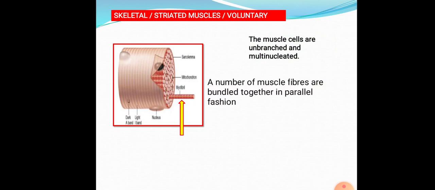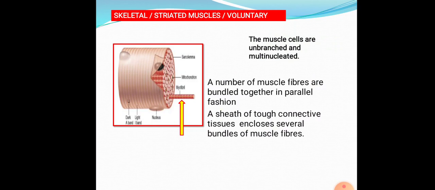A number of muscle fibers are bundled together in parallel fashion in this tissue. A sheet of tough connective tissue encloses the several bundles of muscle fibers. And this skeletal muscle is said to be voluntary in nature, which is under our control.